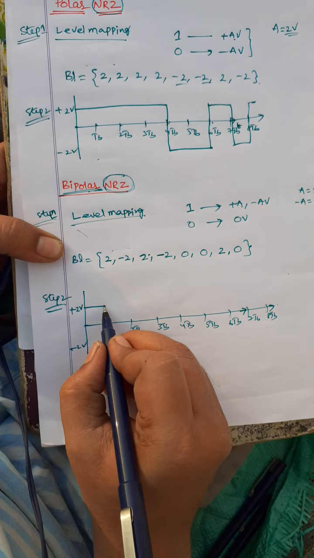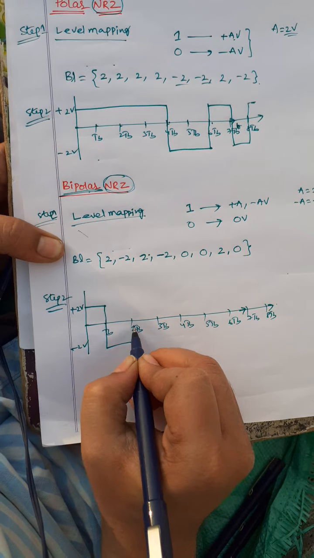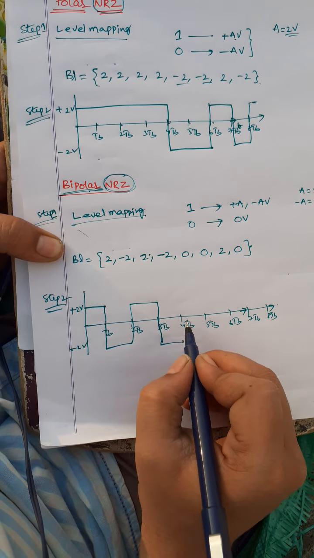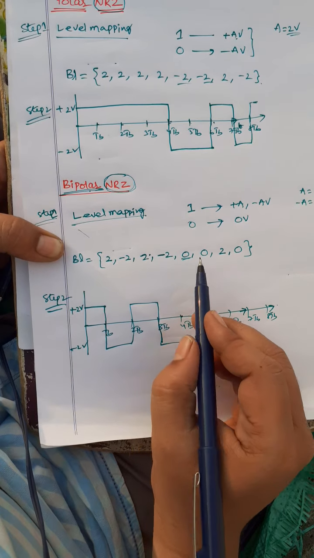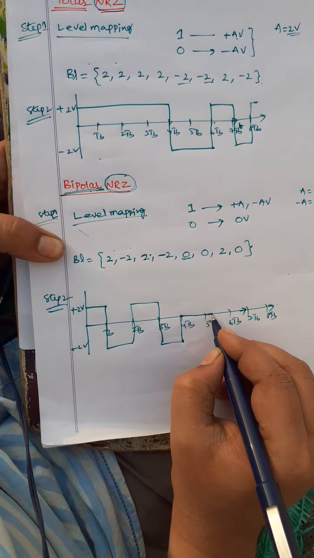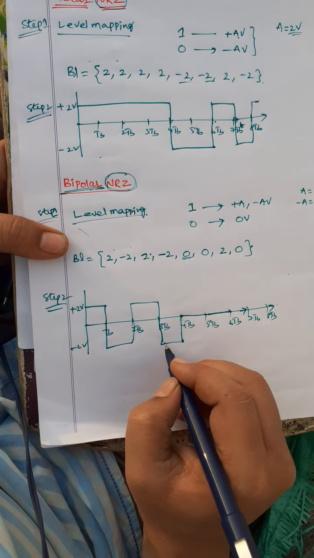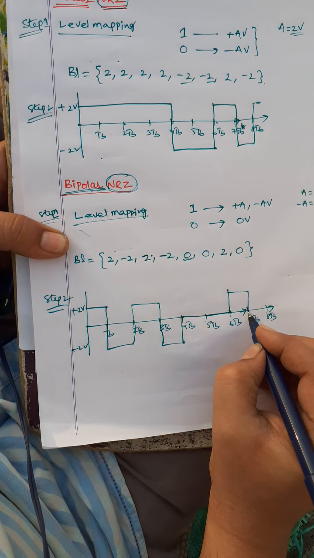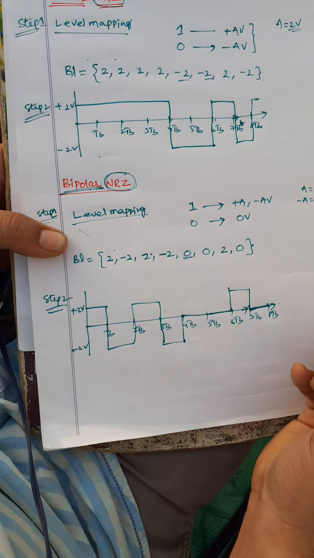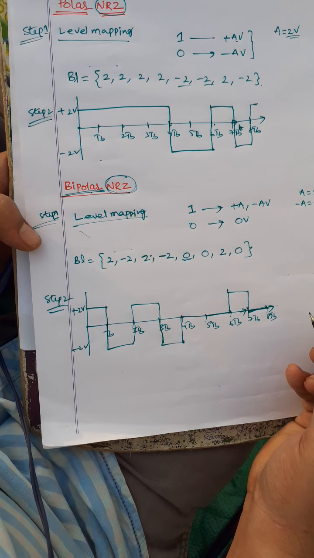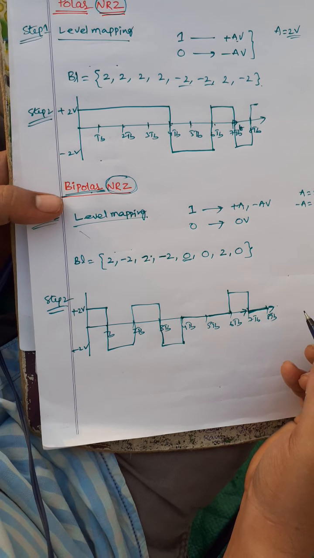Next TB duration is represented with what? Minus 2 volts, plus 2 volts, minus 2 volts. Now after this, fifth duration is represented with what? 0 level. Sixth duration also 0 level. Yes, minus 2 volts is completed, again positive level. Right? This is the third technique, that is bipolar NRZ.